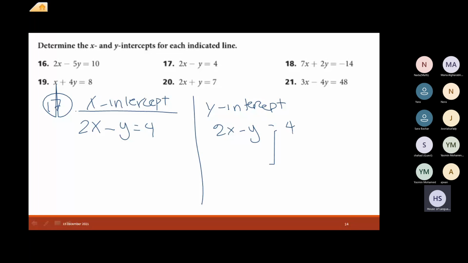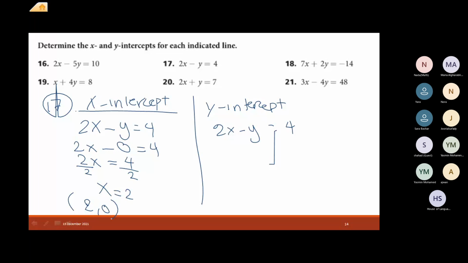The y is 0. Bravo. The first thing is y is 0. Now multiply. 2x minus 0 is 2x equals 4. Divide by 2. x is 2. So the x-intercept coordinate will be 2, 0.